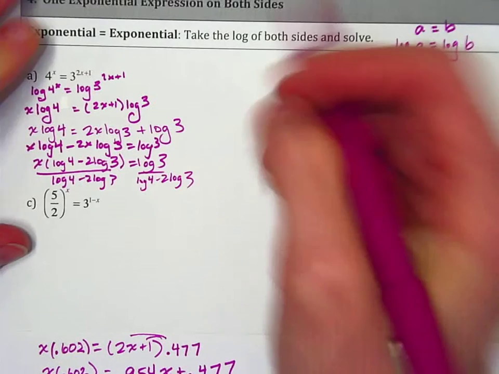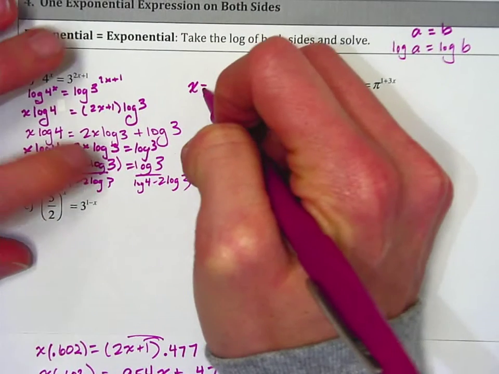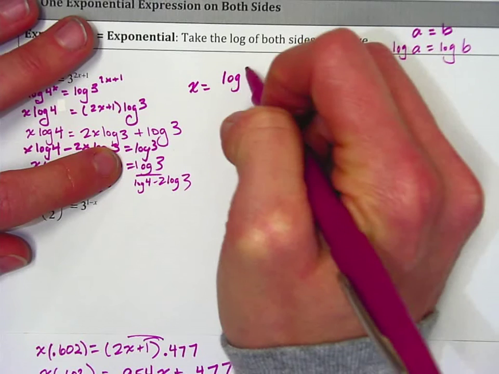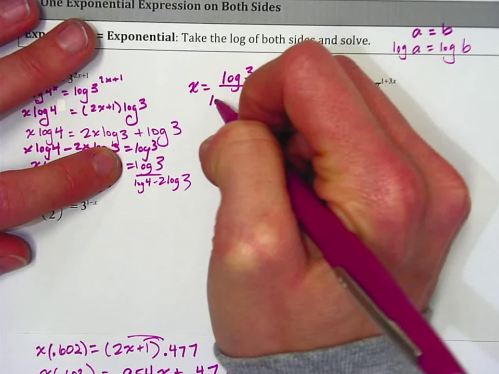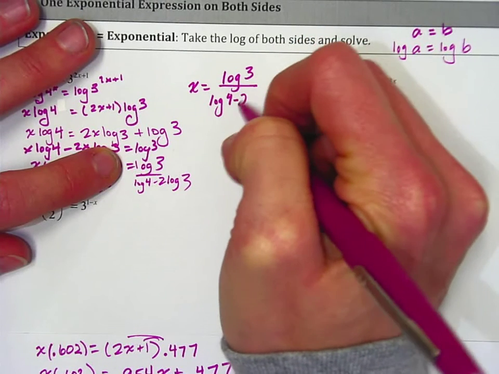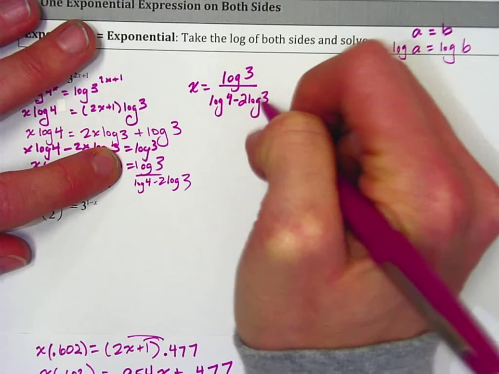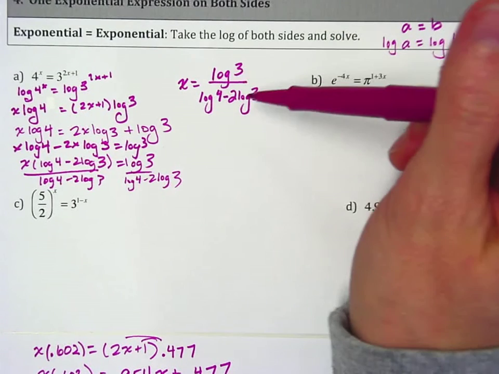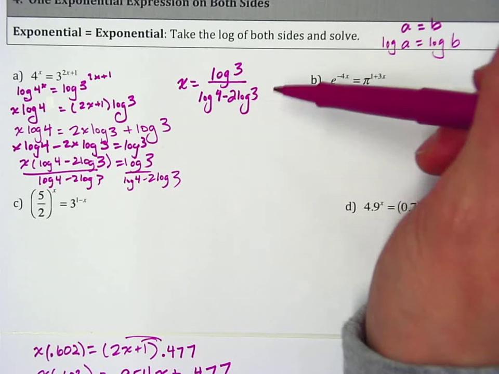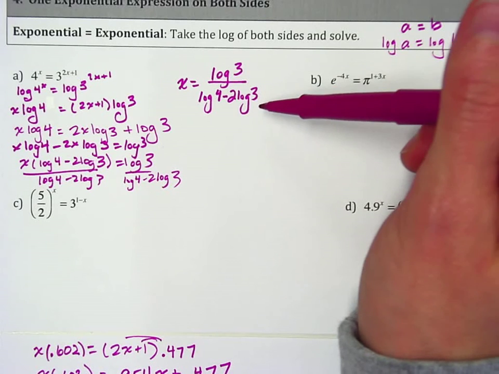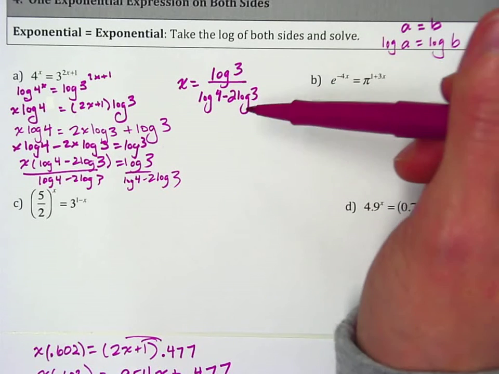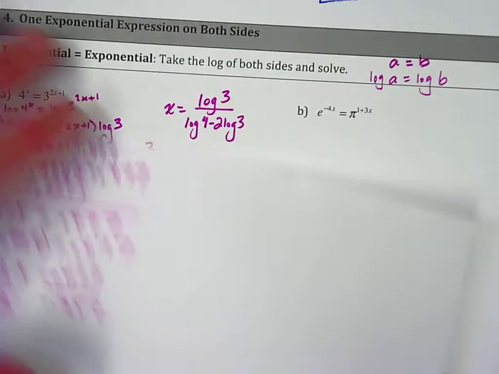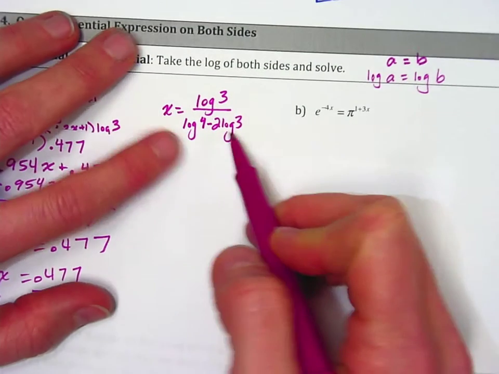So for my exact answer here, I get x equals log 3 over log 4 minus 2 log 3. Now at this point, I'm okay with you stopping here for the exact answer. If you were so inclined, you could go further, because on the bottom here, we're subtracting two logs with the same base.